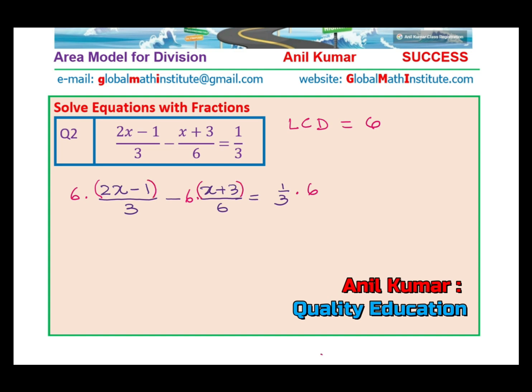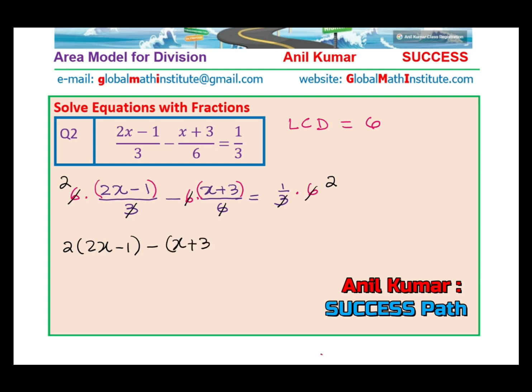Each term, you get the whole idea, right? So here, this is important to place the brackets. Now you can see that 6 will go twice with 3, and this 6 will cancel, and here again it will go 2 times. So what we get is 2 times 2x minus 1 minus within brackets x plus 3 equals to 2. Now you open the brackets.